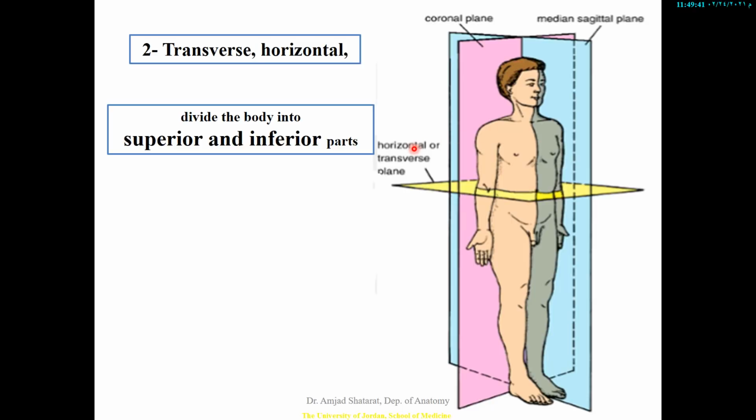And finally, we have this very simple horizontal plane that divides the body into superior and inferior parts. Also, more on the planes, of course, will be taken care of as we proceed in this lecture.